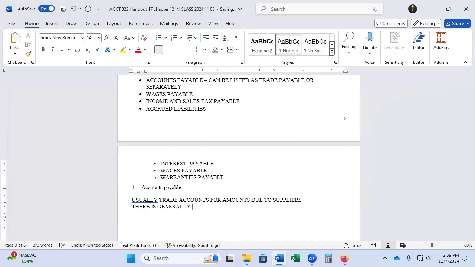There's generally no interest charged to customers, and the payment dates range from cash on delivery to 180 days. But usually 15 to 60 days.